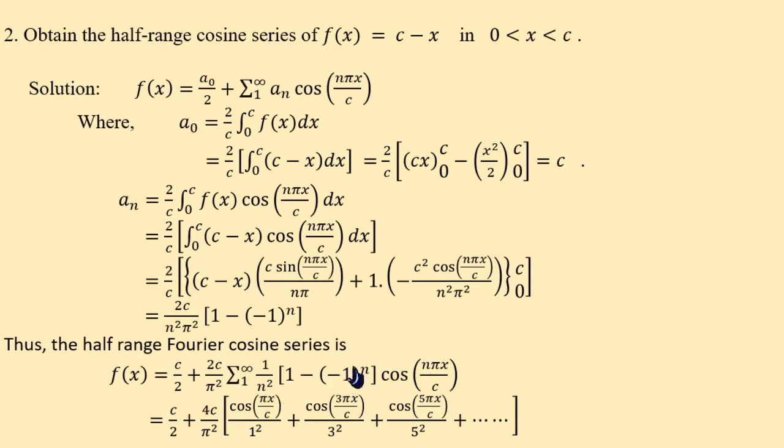When n is 2, 1 minus 1, so it is 0. When n is 3, again it is 2. 2 into 2, 4. 4c by pi square is outside. Cos 3 pi x by c by 3 square. For 5, cos 5 pi x by c by 5 square, and so on. This is the required half range cosine series of the function c minus x.